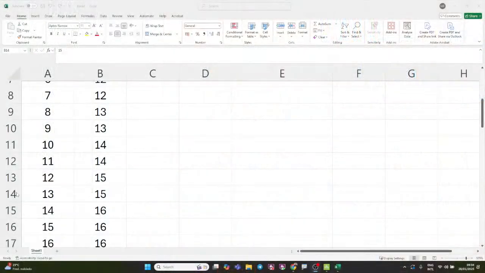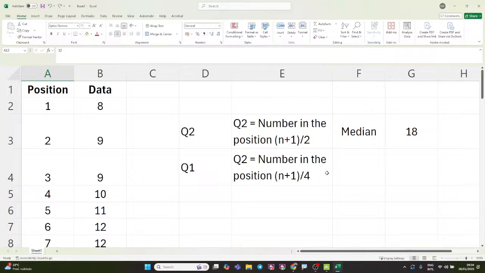So if 13 was 16, I would have 15.75. But in this case we have the same number. We have 15 and 15. So what is in the position 12.75? It's really 15.